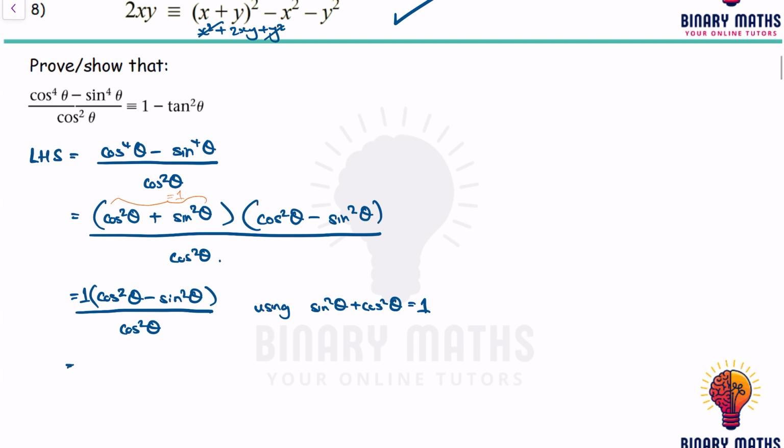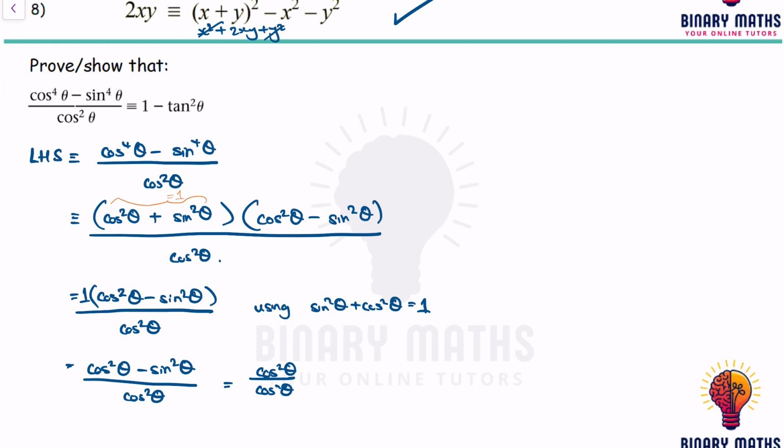So when I multiply it by 1, I end up getting cos squared theta minus sine squared theta over cos squared theta. Now I can separate out the numerator, so I get cos squared theta over cos squared theta.